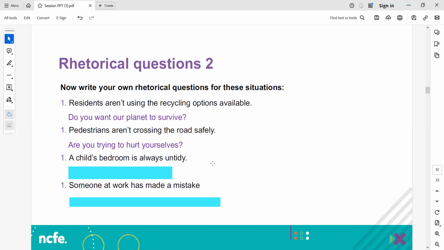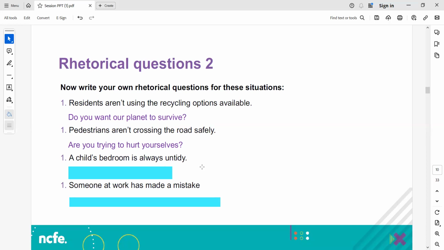So imagine a child's bedroom. It's always untidy. What might the parents say to them? So they are living in a big mess in their bedroom.